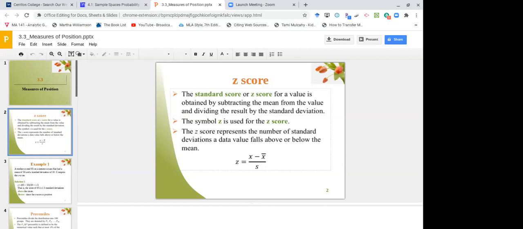But the z-score, maybe you don't hear the term, but you've known about it before.